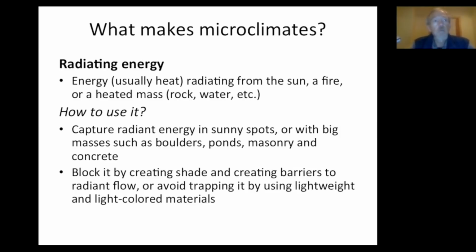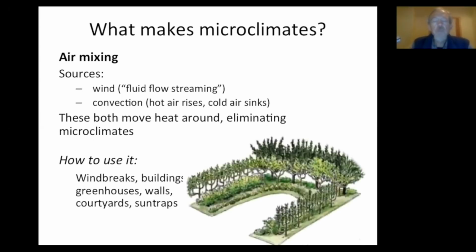So get rid of shade where you want to warm things up and create shade where you want to cool things off. And then use this idea of thermal masses to capture the sun's radiant energy and store it. Or you can put up shady things or create barriers to radiant heat flow, like walls and curtains and things like that. All right. And then this idea of air mixing.